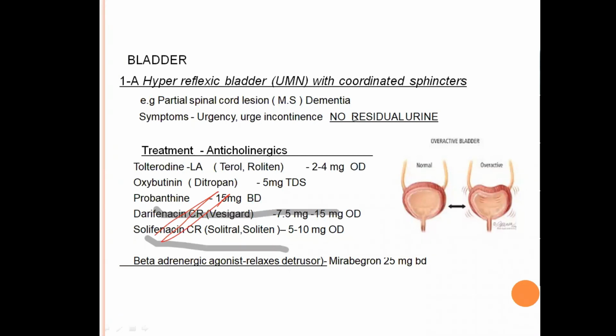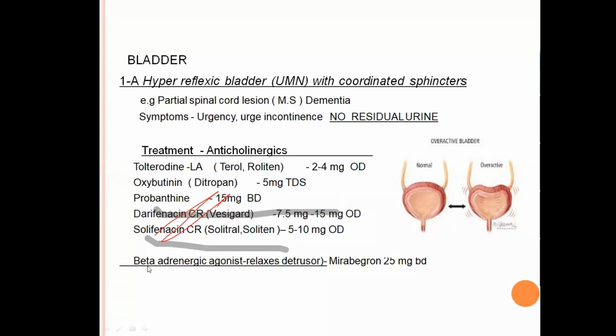So how do we treat this? We treat it by pharmacological treatment. That is because the patient has an overactive bladder. We reduce the overactivity by using anticholinergics, because the cholinergic system is the one which contracts the bladder. So use anticholinergics. A list of them are there: oxybutynin, propantheline, darifenacin, all this.